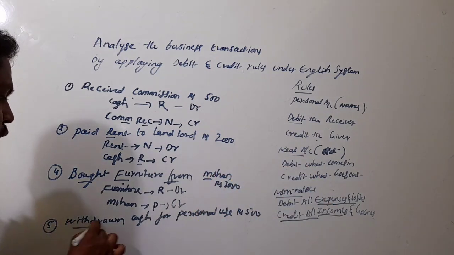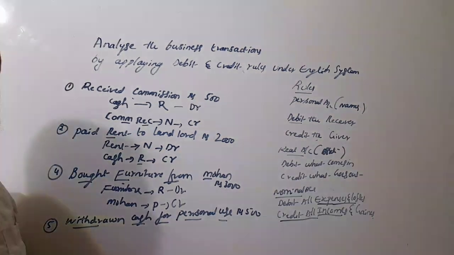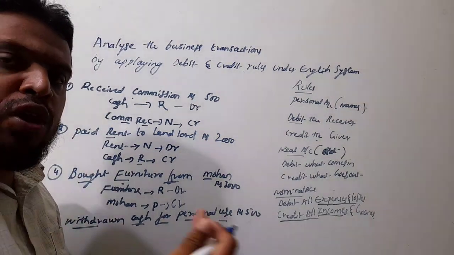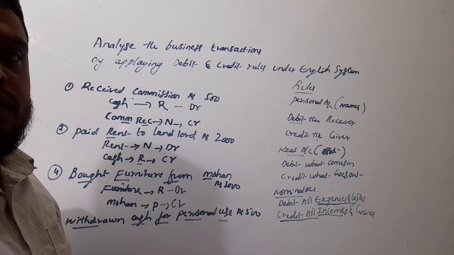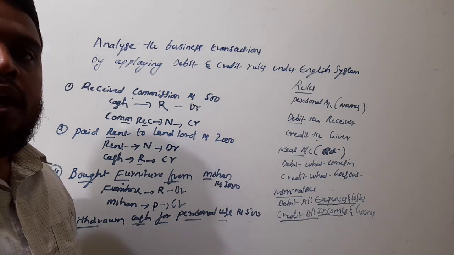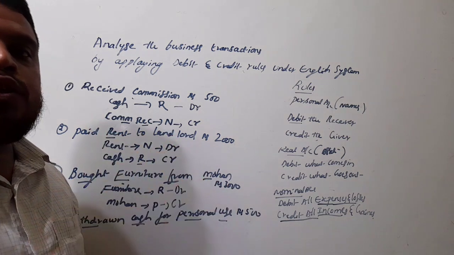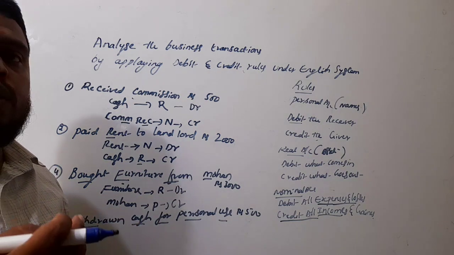Next, withdrawn cash for personal use. See, the owner has withdrawn the amount for his personal use. So it is drawings here. Drawings means withdrawals made by the owner, which may be in the form of cash or goods.